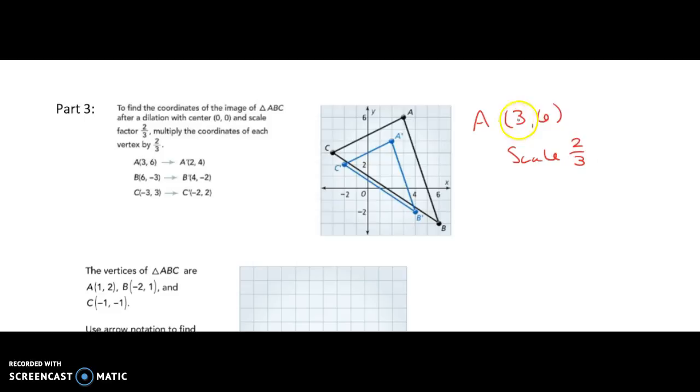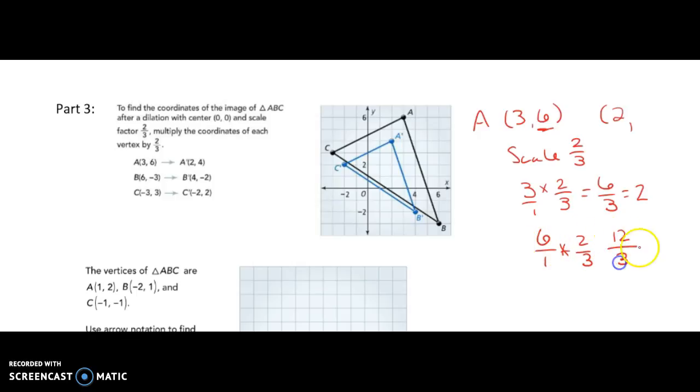So I'm going to take the 3 and multiply it by the 2/3, which remember, we're just going to multiply going straight across, and then we're going to reduce it down. So that first one is 2. Then we're going to take the y coordinate, which is 6/1, times 2/3, multiply going straight across. 6 times 2 is 12 over 3, which is 4.